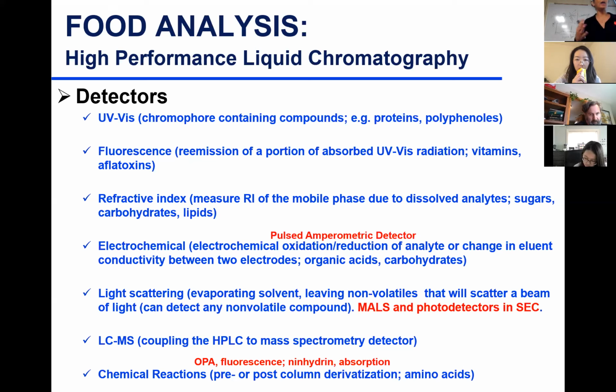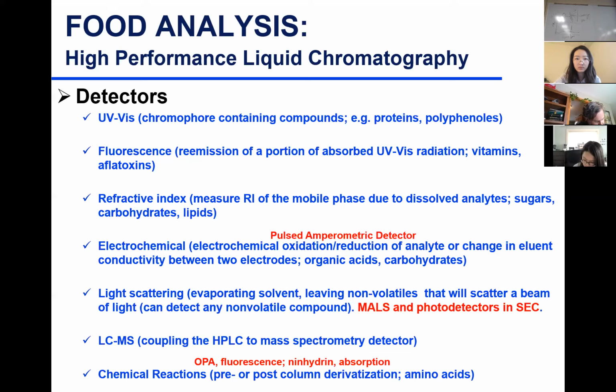So the more you have, the more light that will be scattered. And it is universal because it can detect anything. Any non-volatile, really, because you want to evaporate the solvent, so you don't want anything volatile. Obviously, volatile compounds will not be detected because they will be volatilized along with the solvent.